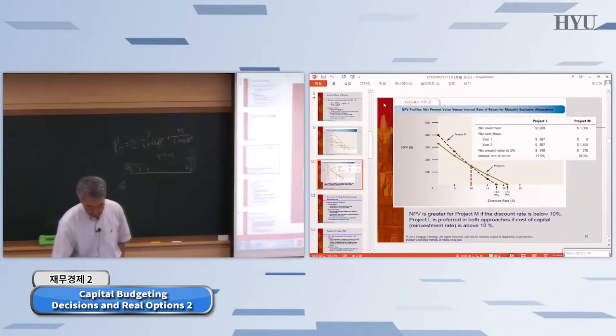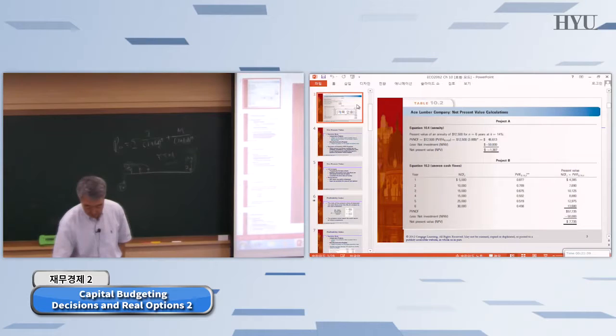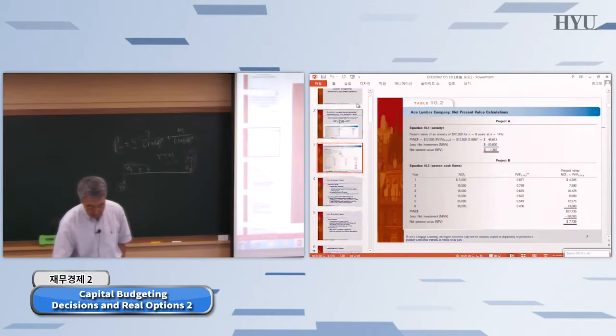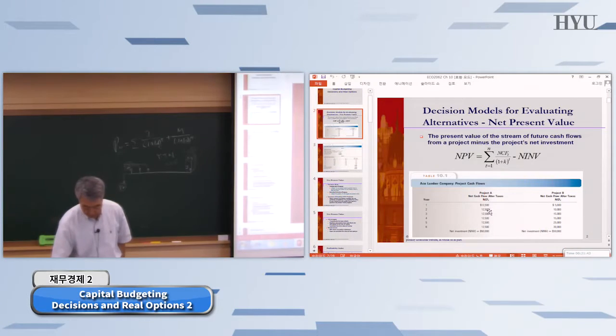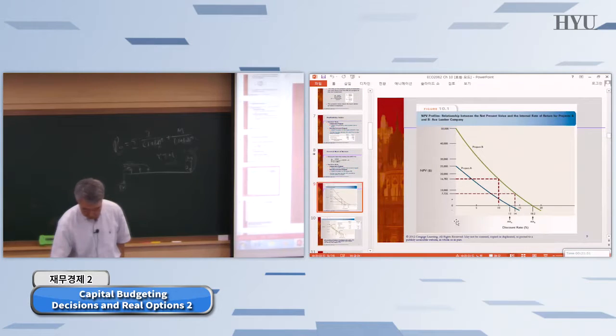So, for example, here's the project A, right? And for project A, IRR came out to be what? 13%, right?